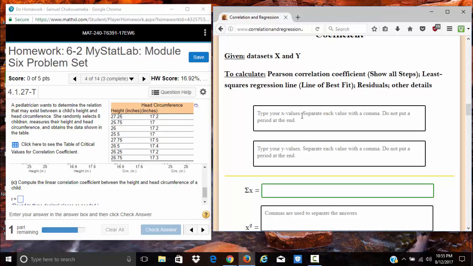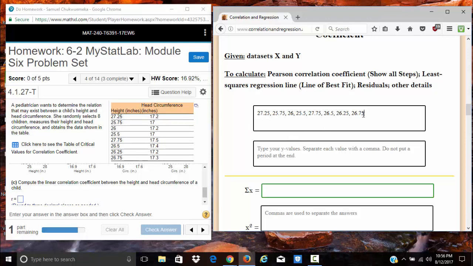So the x values are 27.25, 25.75, 26, 25.5, 27.75, 26.5, 26.25, and 26.75. Count it: 1, 2, 3, 4, 5, 6, 7, 8.